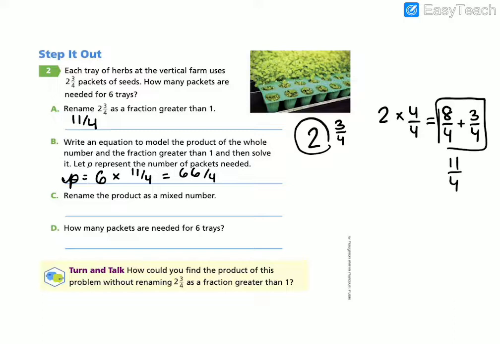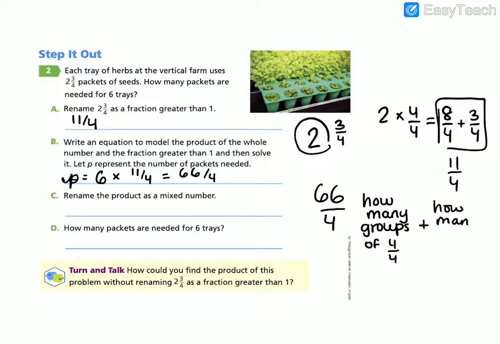So I want you to think about this. We have 66 fourths. What we need to find is how many groups of 4 fourths plus how many remaining fourths.